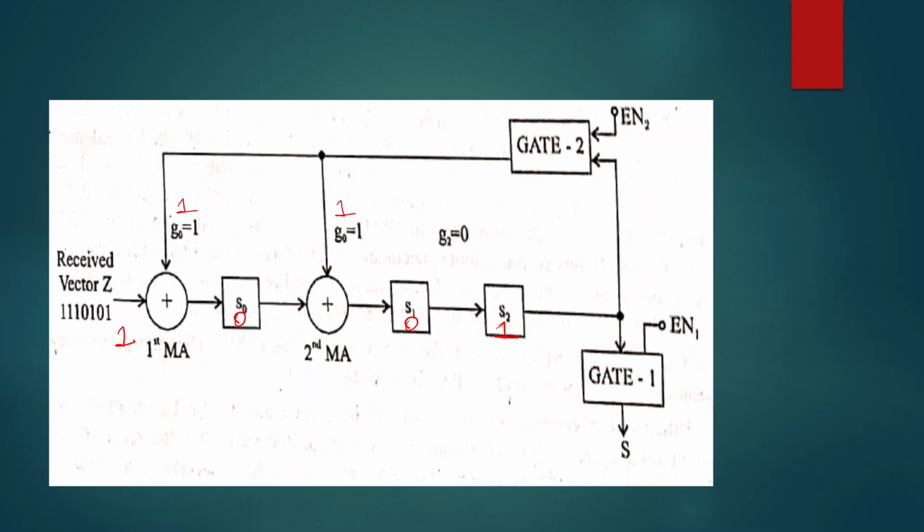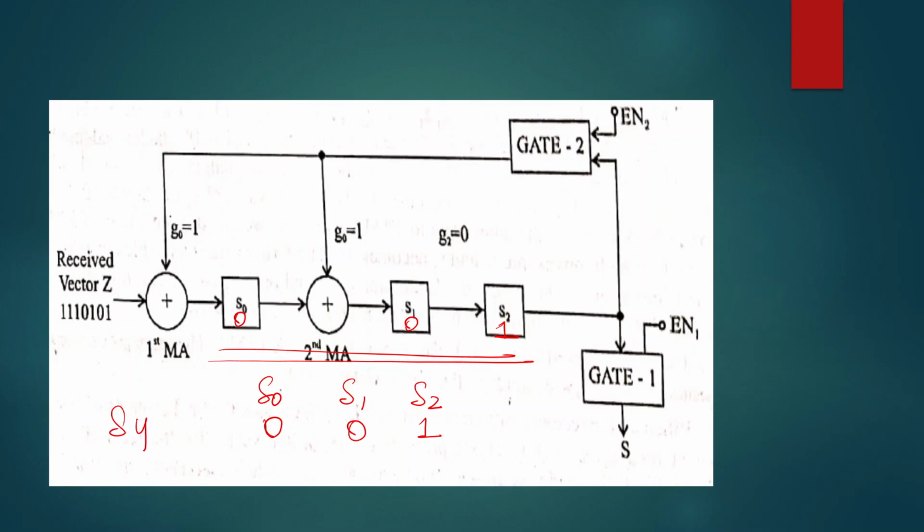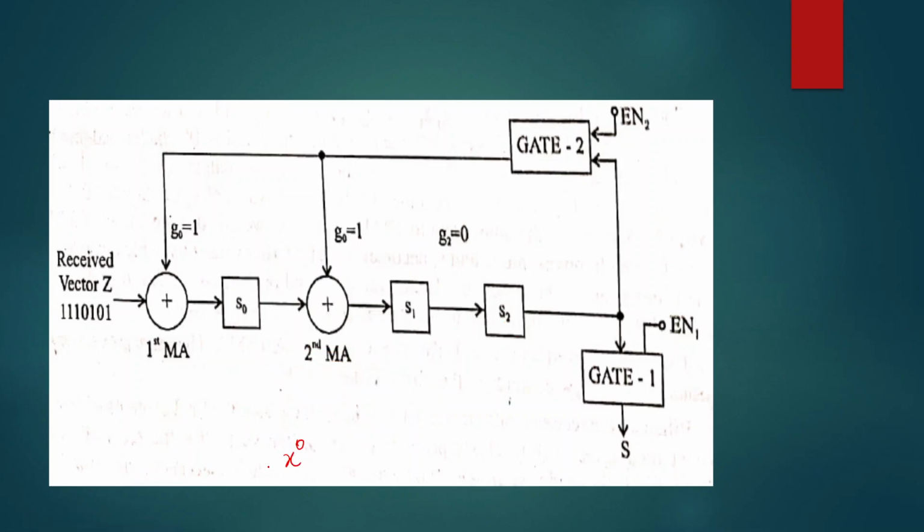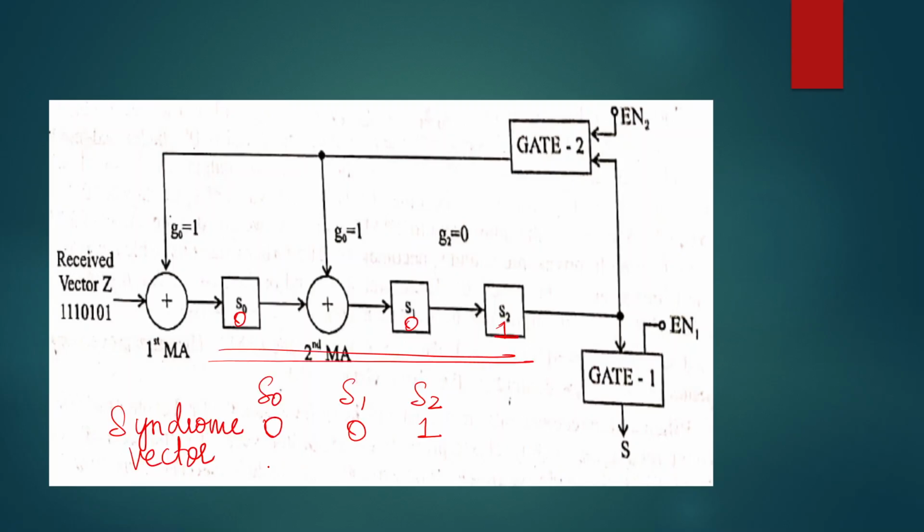So whatever you are seeing now is what we call the syndrome. The final entry after the entry of the last bit, whatever you see inside the shift register contents, this is nothing but your syndrome vector, or you can also write it in terms of polynomial, that is 0 into x power 0, plus 0 into x power 1, plus 1 into x square.